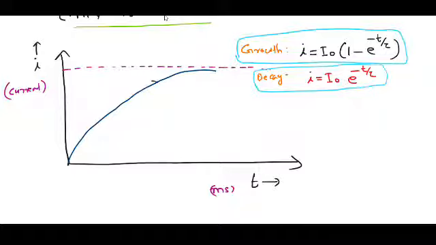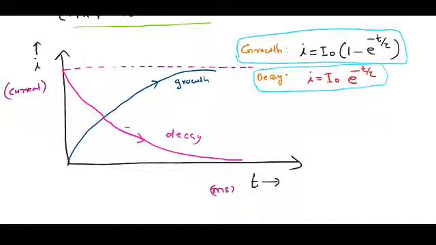Let's say this is the growth, and the decay of the current, just now we have seen, approximately this will be the graph. It should be a very smooth one. This is decay.